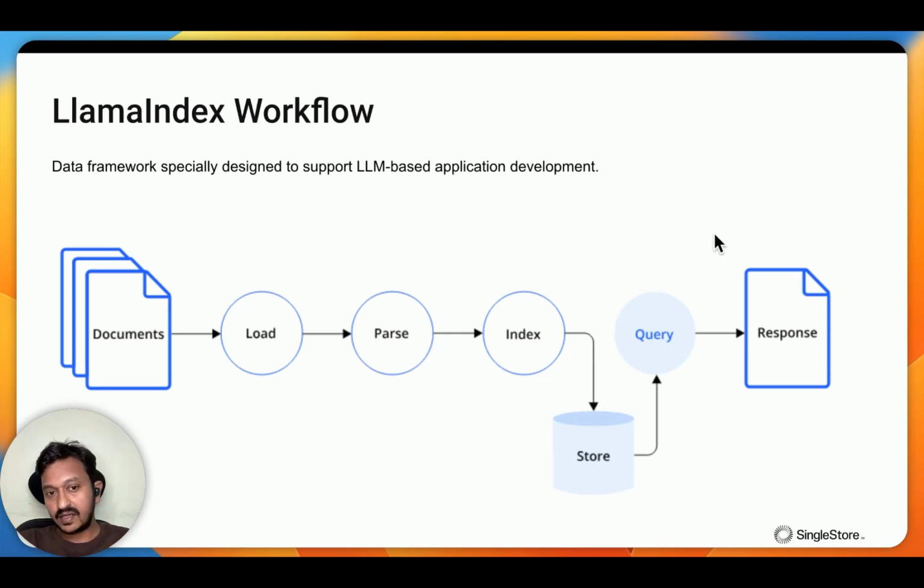Then when a query comes in, the query gets converted into a vector embedding, and it goes through the vector store to find the relevant chunk and answer back to the user. That's the response that we see.